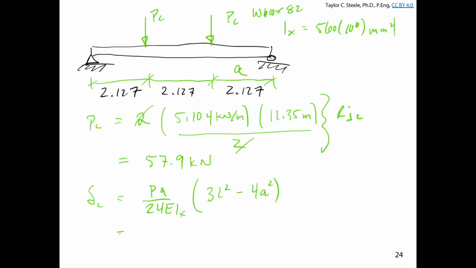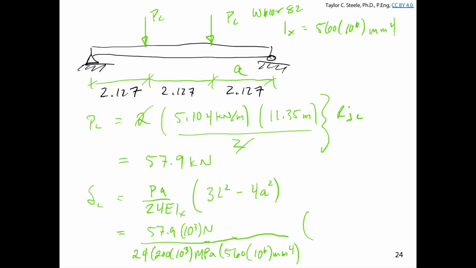Okay, so here we end up with P, which is the 57.9. We have to do times 10 to the 3 to get newtons. We divide that by 24 times 200, 10 to the 3 MPa. This is going to be a fun one to write here. Times 560, 10 to the 6 millimeters to the fourth.